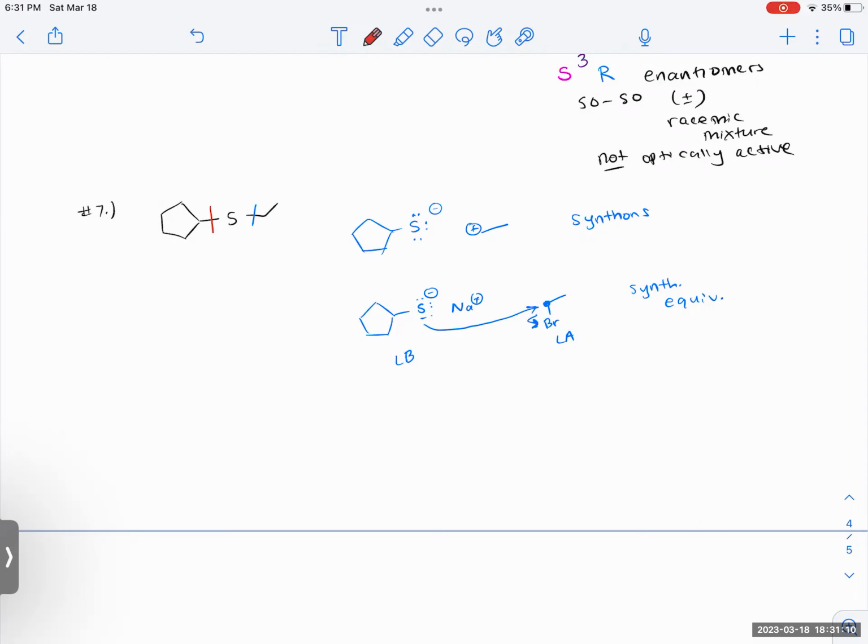Just so you can see what would happen. Let's say that carbon has a positive. That has a negative. But the problem here is that instead of this, we might end up with this, which is not what we want.